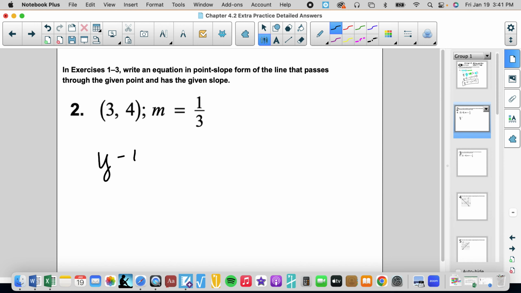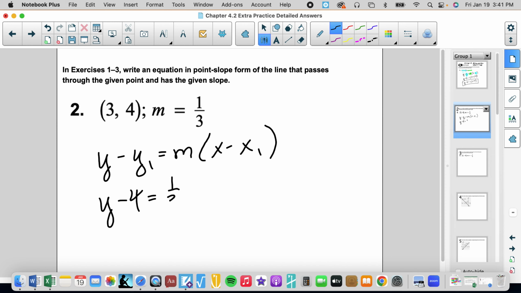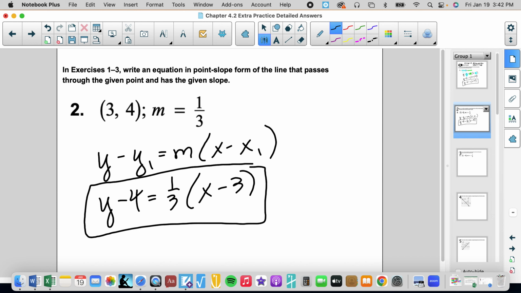Here's our template. It's in our best interest to write the template so we can see the values. y minus my y sub 1, which is 4, equals my slope, which is 1/3, times the quantity x minus my x value. And that is in point slope form.